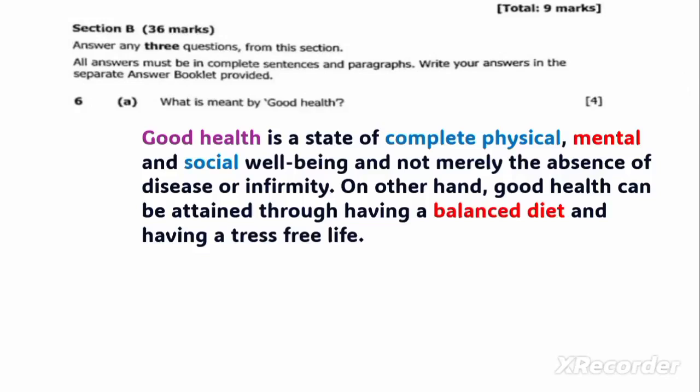Some nutrients help to boost our immune system, and a balanced diet helps prevent us from having deficiency diseases. Deficiency diseases are diseases that come as a result of us lacking some nutrients. So having a balanced diet will help us to avoid deficiency diseases.